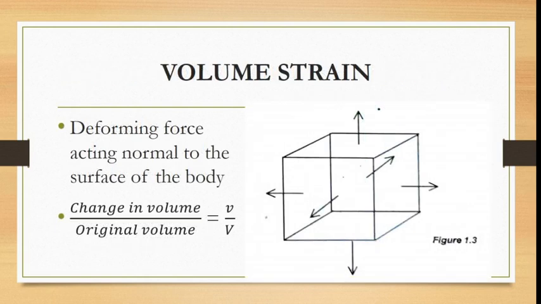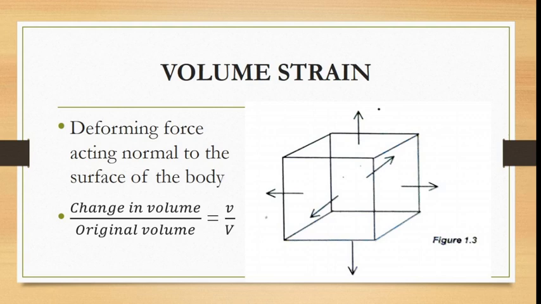Now next is volume strain. Here you can see a cuboid where the deforming force is acting normal to the surface of the body. There are several surfaces and this deforming force acts normal to the surface of the body. So it produces a change in the volume of the body.